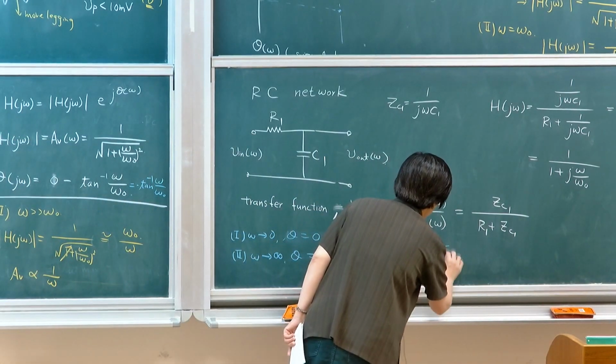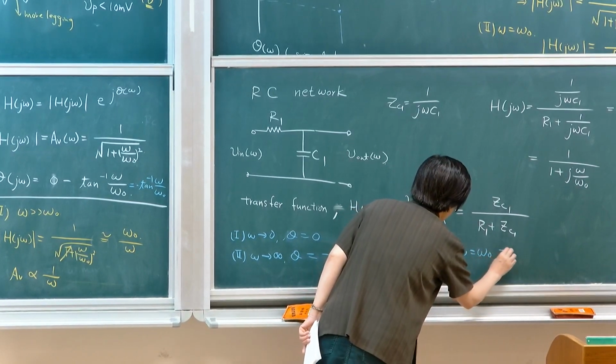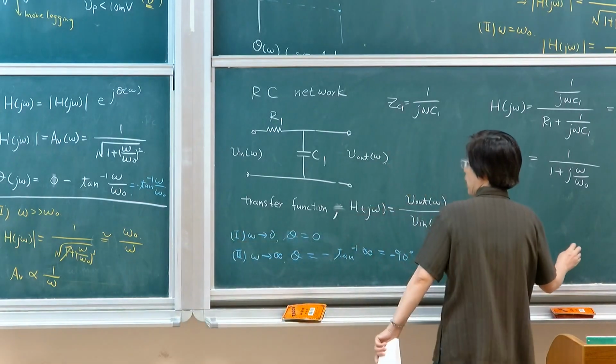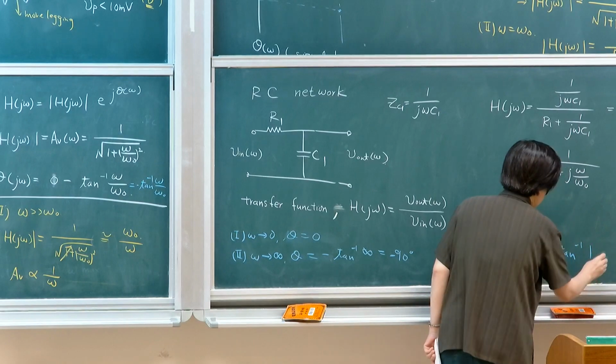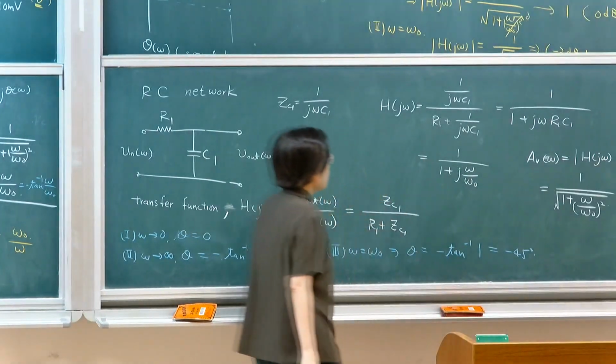And then let's see the transition point. At omega equals omega 0, based on the math, the phase will simply be minus arctangent of 1, which is minus 45. Okay?